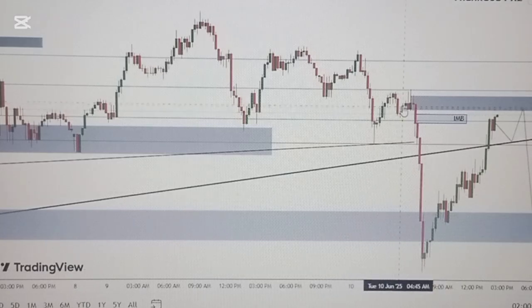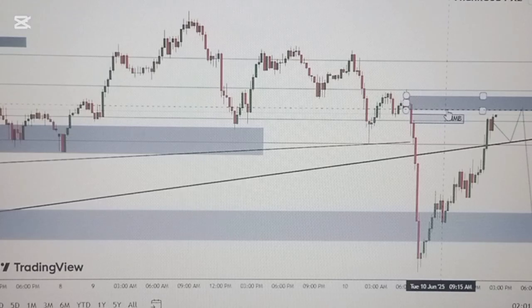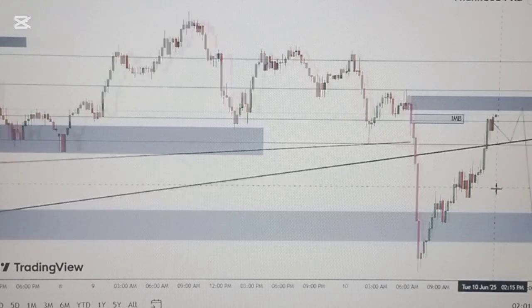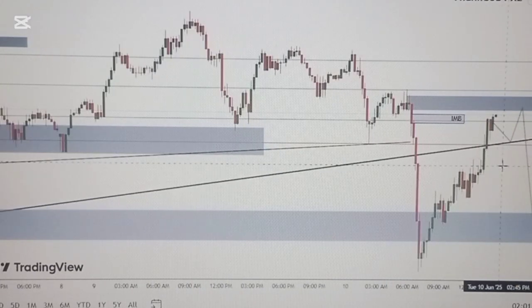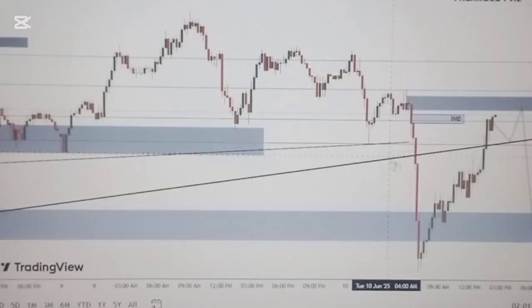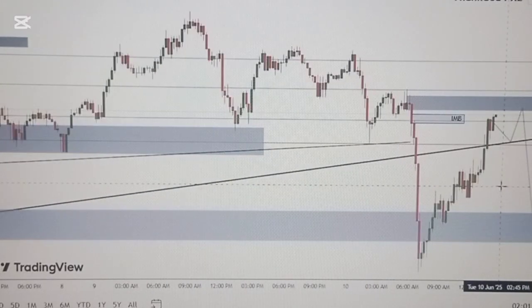Because the institution has pushed the market all the way from here to the downside, now the market has to cover the imbalance right there before going down. Are you getting it? This is called a supply zone, which all of you know. I trade supply and demand, and technical too. Those are the two strategies I make use of.